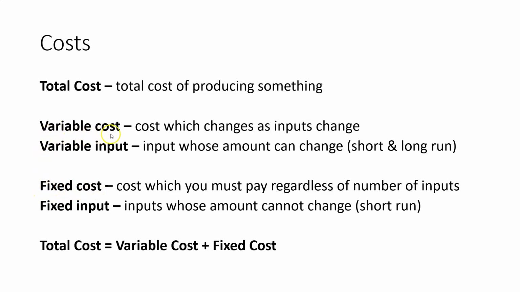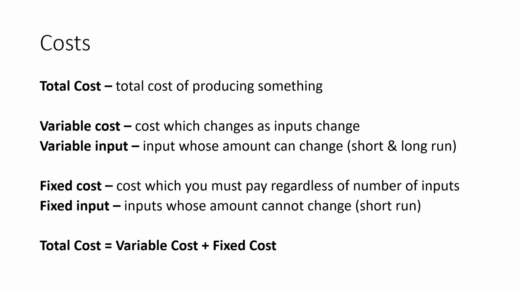A variable cost is a cost that changes as input changes. Right? So this is something that you can change. Variable costs are due to variable inputs. A variable input is an input whose amount you can change.